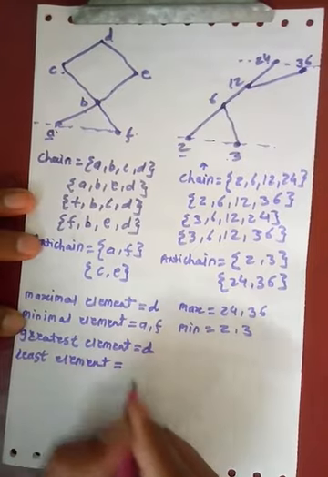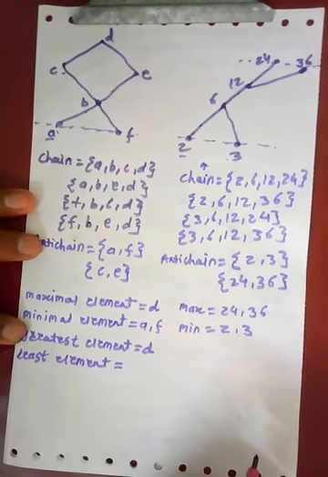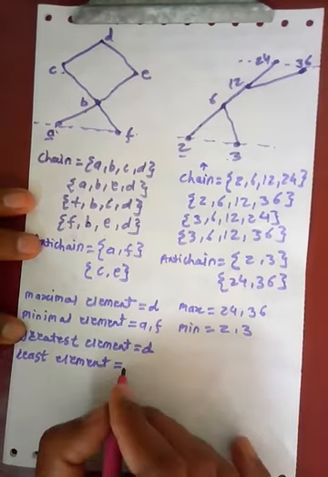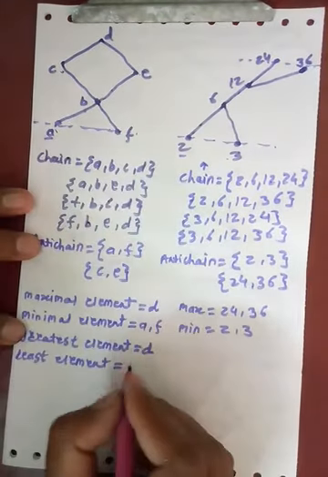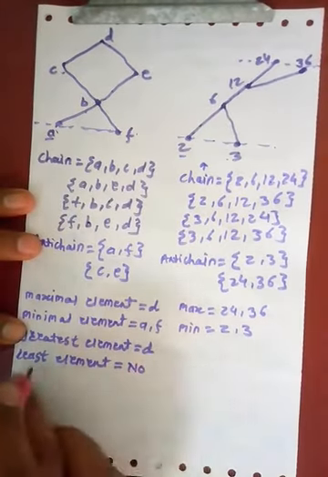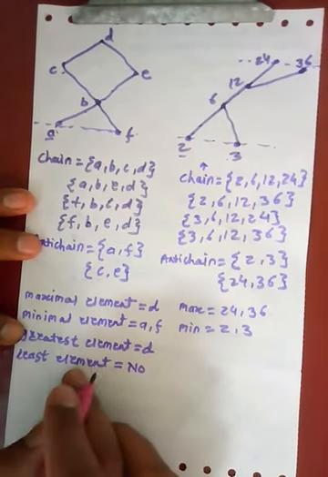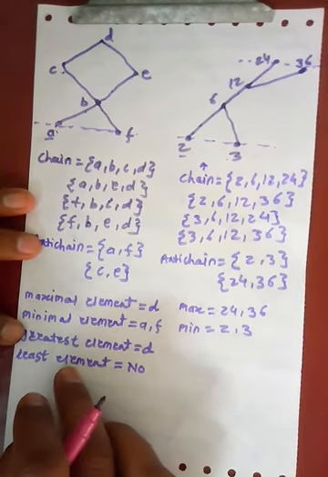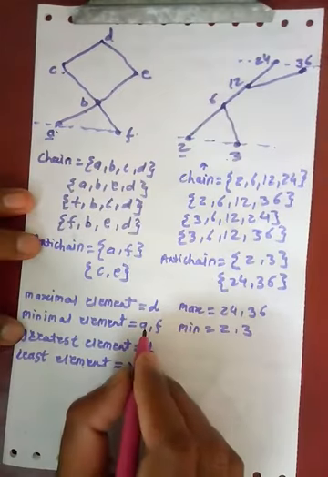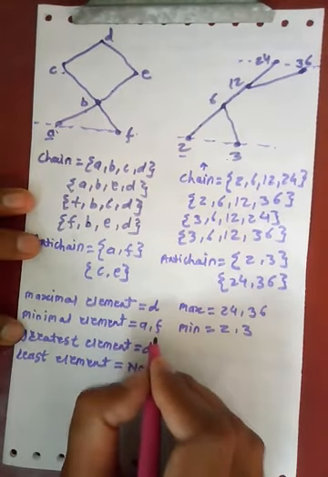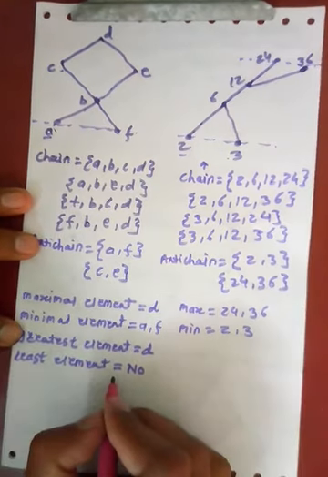Again it is the single element at the lowest level, but in that case there are two elements at the lowest level, so there is no least element, because the least element is the only one element at the lowest level, but here A and F are the two elements at the lowest level. So they are minimal elements, but not least elements.